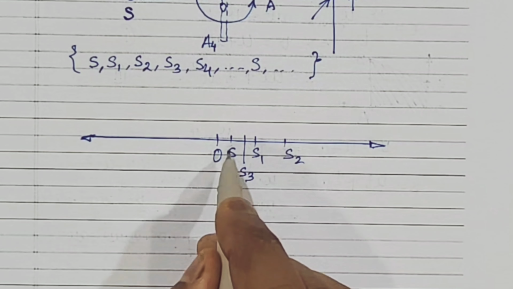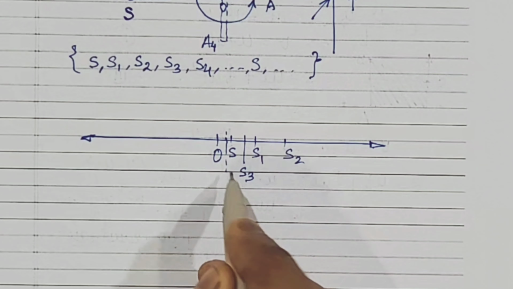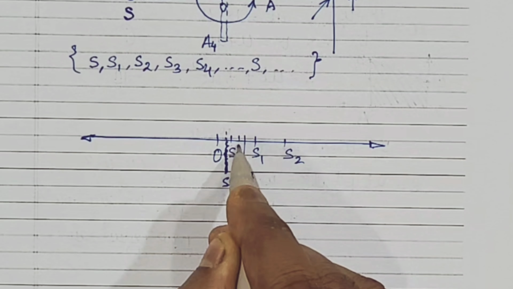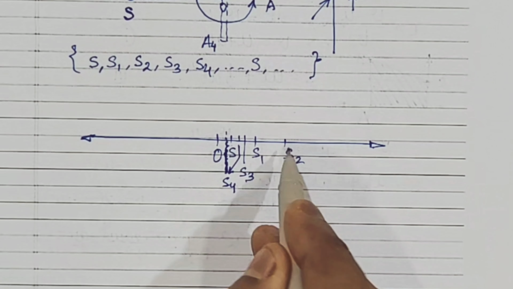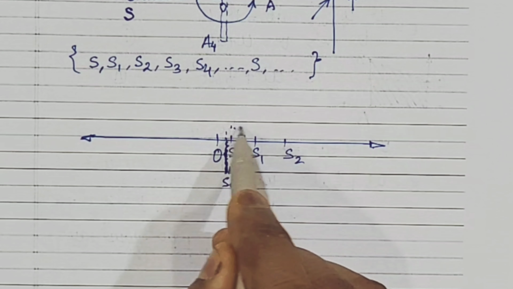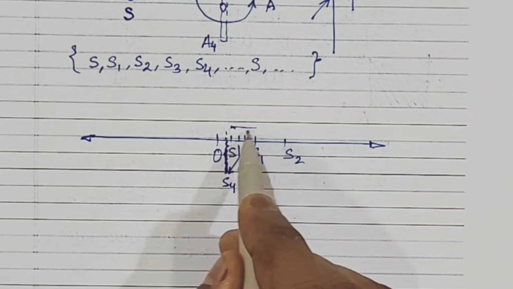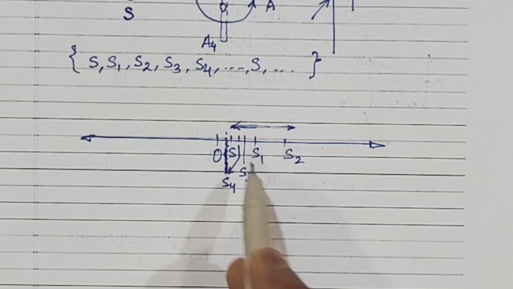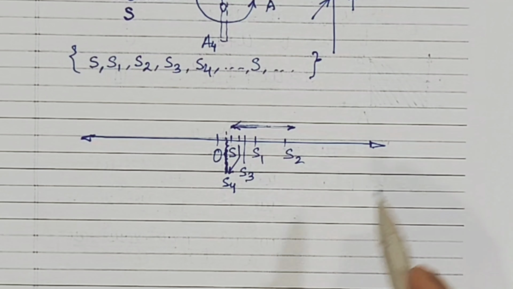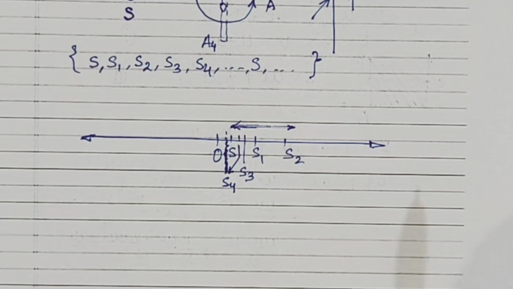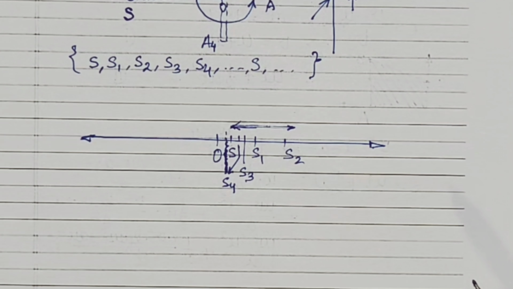Then S4, then to S and again coming back. So basically, you can see that your number series is oscillating between S to some extent and then coming back. So this set is basically trying to represent the rotation of the stick OA. So now we are clear that a set of real numbers can in fact represent the rotation of an object.